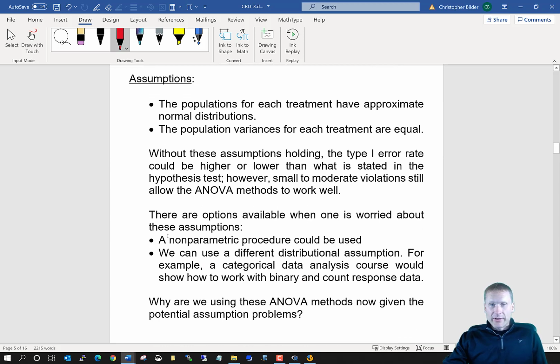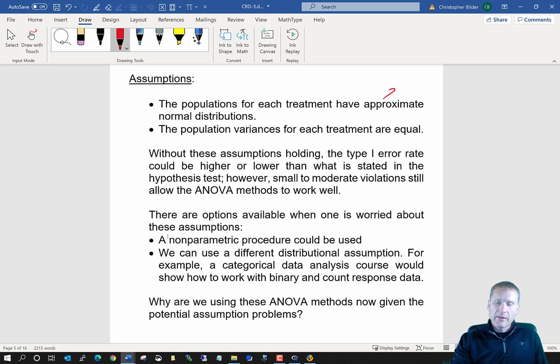Now, unfortunately, there are some mathematical assumptions that go into why we can use an F distribution here. Here are the assumptions. The populations for each treatment have an approximate normal distribution. The population variances for each treatment are equal.